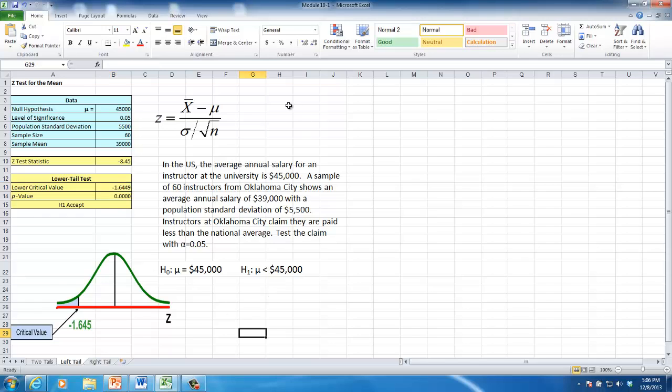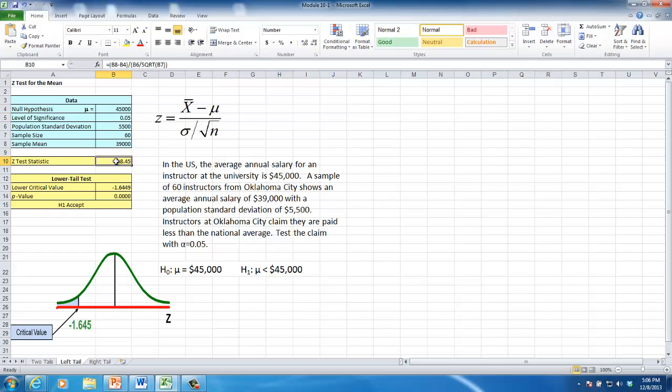Then next step is to find out the z test value. Remember, for all the hypothesis testing, we are comparing the critical z value with the test value. In order to find the test value, we need to use this formula: x bar minus mu divided by standard deviation divided by square root of sample size.